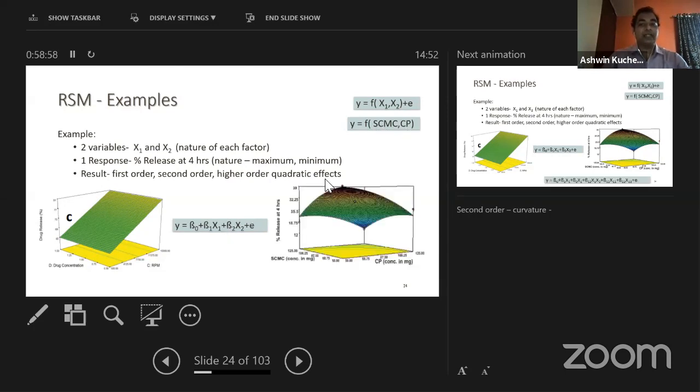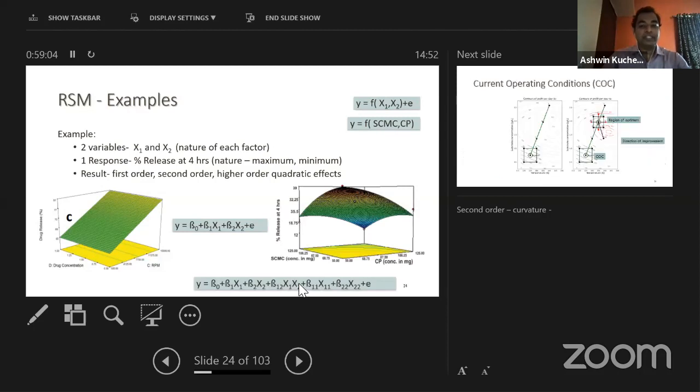But if I get a response surface plot with some curvature in it, it will say that it's a second order plot having some curvature and quadratic terms, and that will be called the second order terms, and its equation will be different from that of the main effects equation.